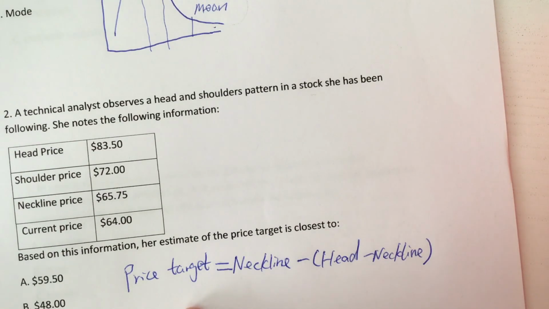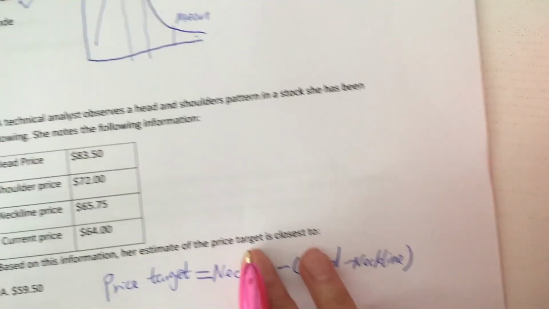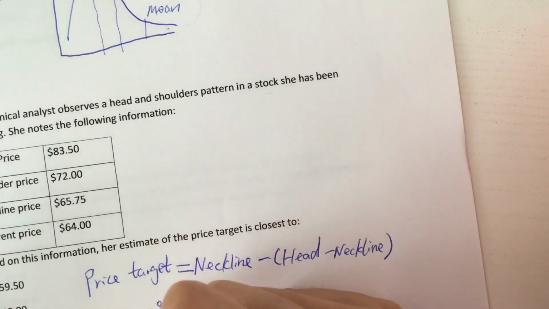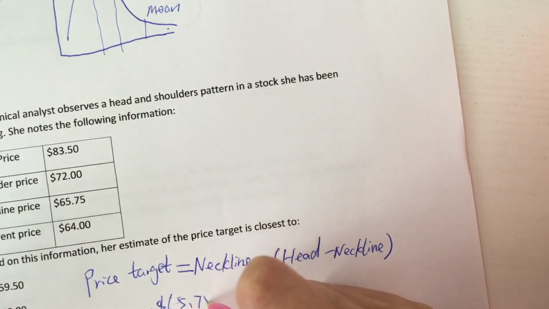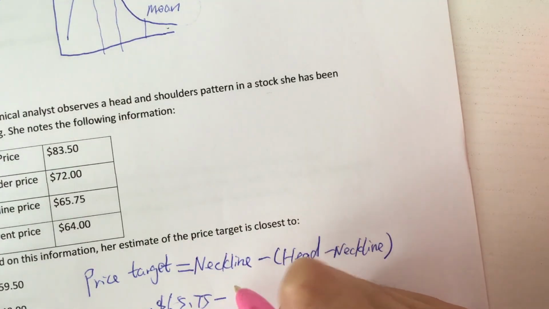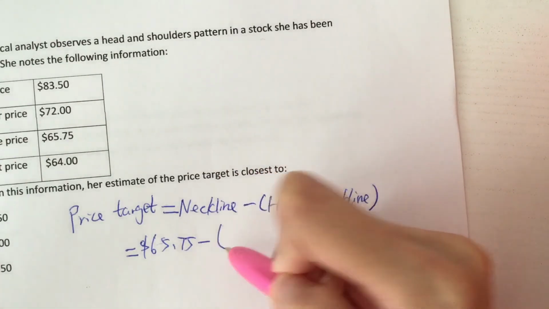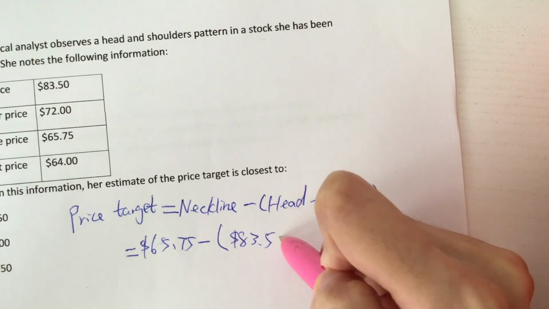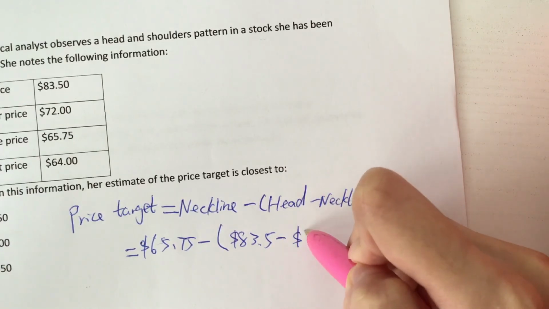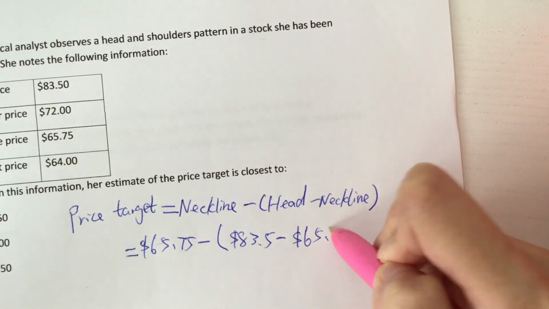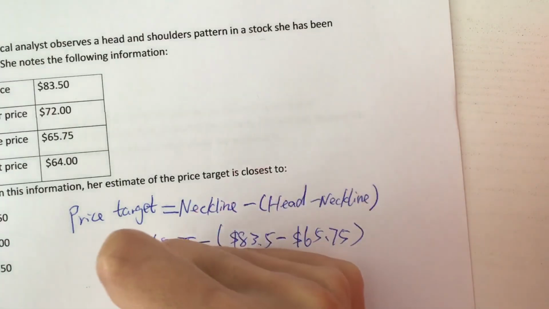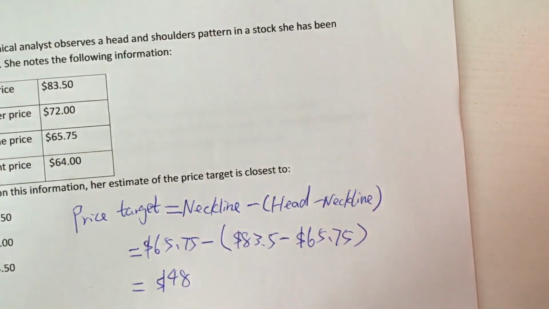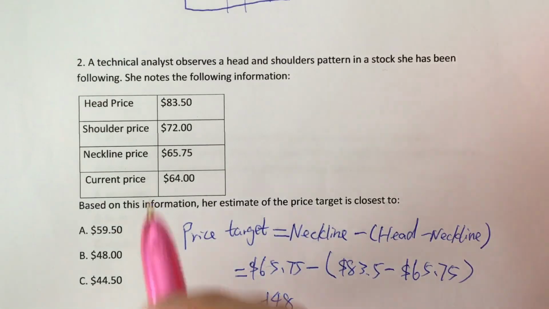In this example, price target will be 65.75 minus the difference between 83.5 minus 65.75. So we get the answer of 48. The correct answer is B.